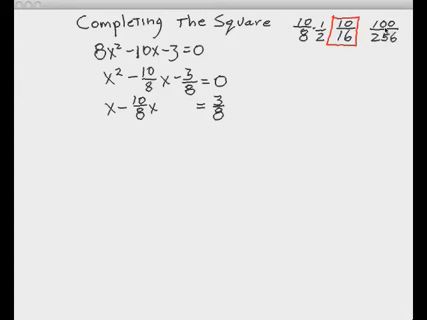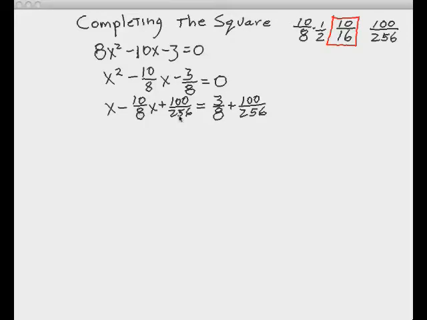So here's the number I'm going to add to both sides to make this into a perfect square. So plus 100 over 256 plus 100 over 256. All right, I now have my left side as a perfect square.